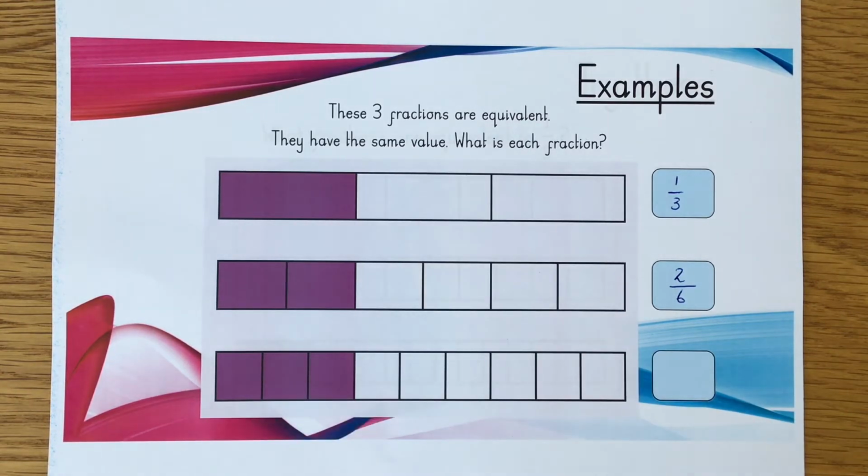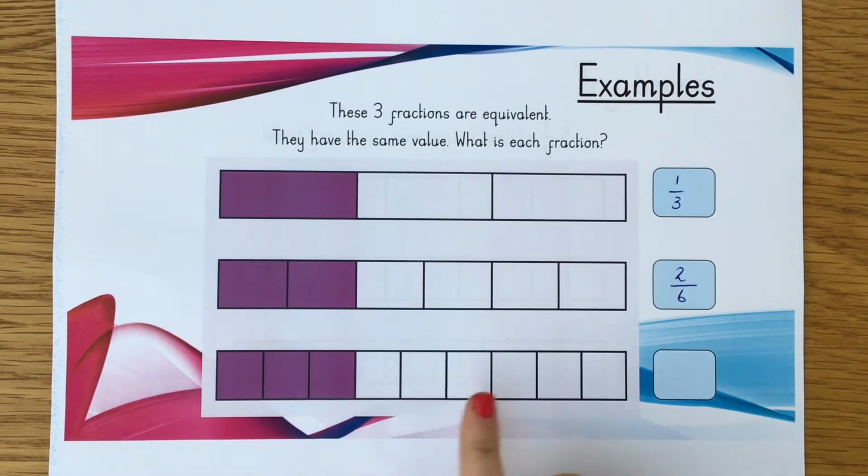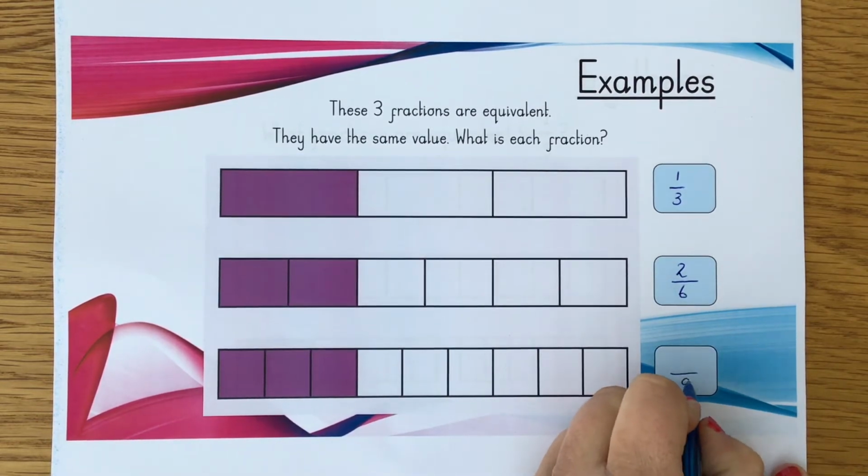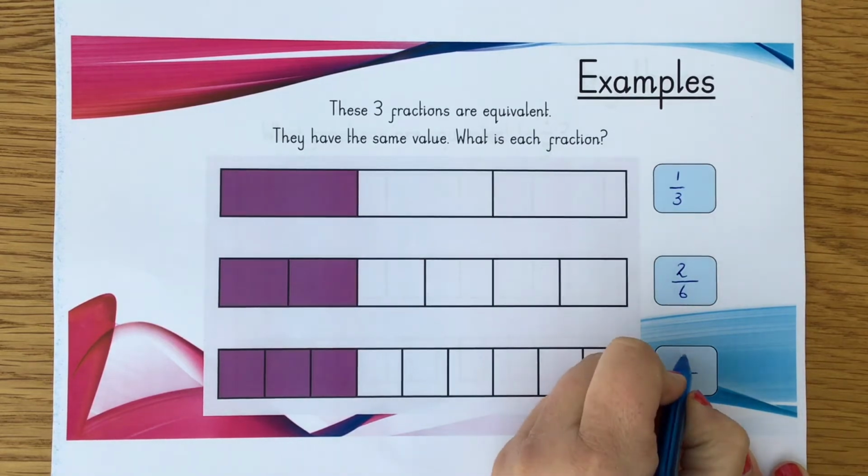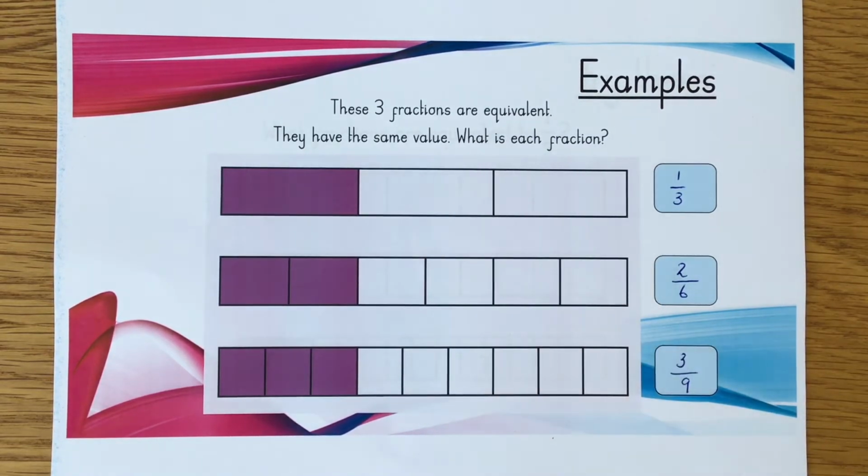And finally, looking at the last one, I can see I've got 9 parts in total and 3 shaded. So 3/9 is also equivalent to 1/3. It's also equivalent to 2/6. You can see they are showing the same amount, they have the same value, but they are shown in different ways.